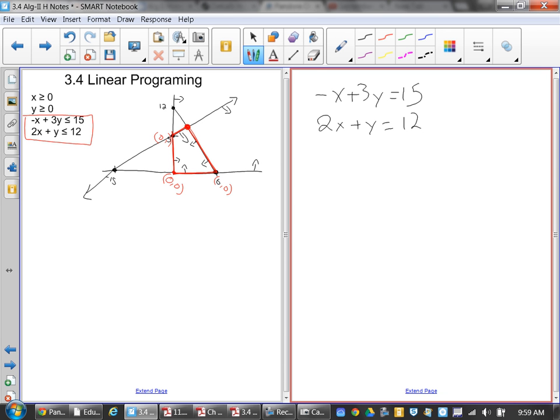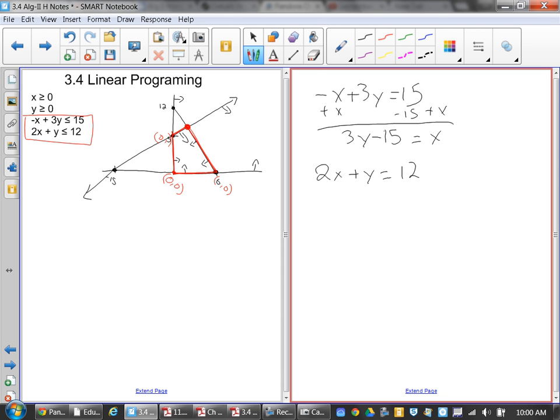In this example, I would take the first equation, move the x over and subtract the 15, and say x equals 3y minus 15.